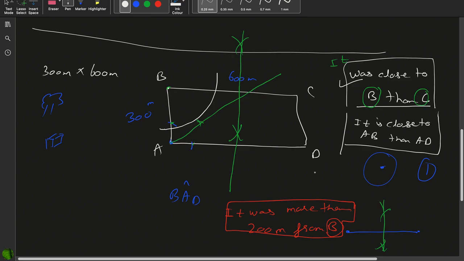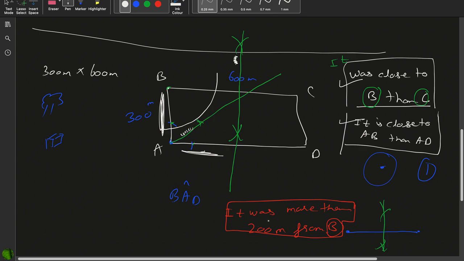Now concerning all these three statements, first one is closer to B, so it must lie on the left hand side. So this is my indication for myself. This is not for the examiner. You may use your pencils, you may erase them at the end, or you may leave it. Second, it says it is close to AB than AD, so it is on the upper side of this angle bisector.